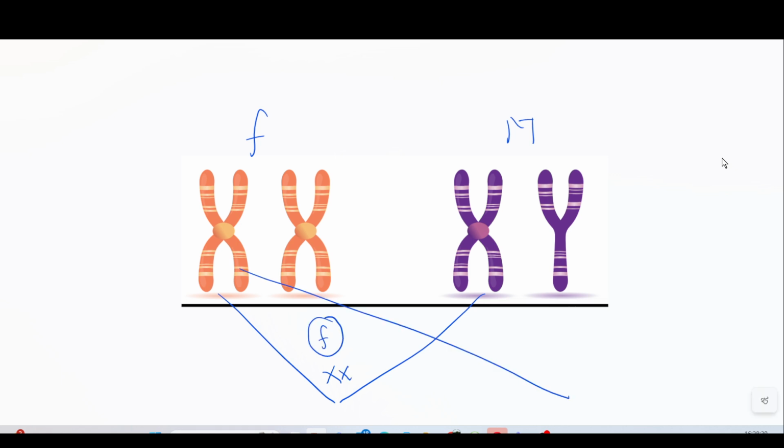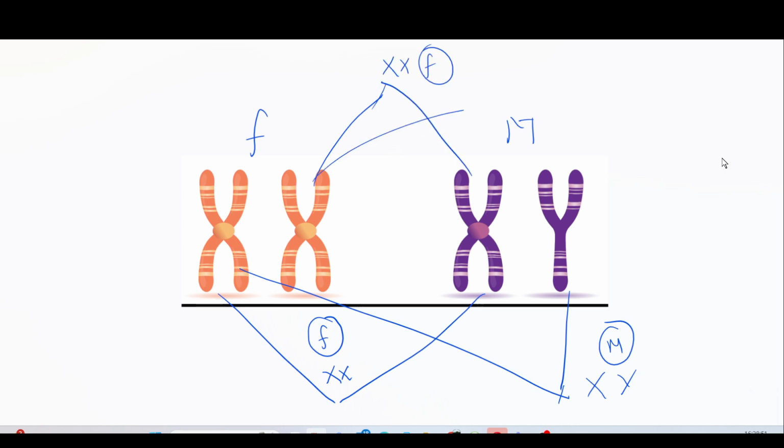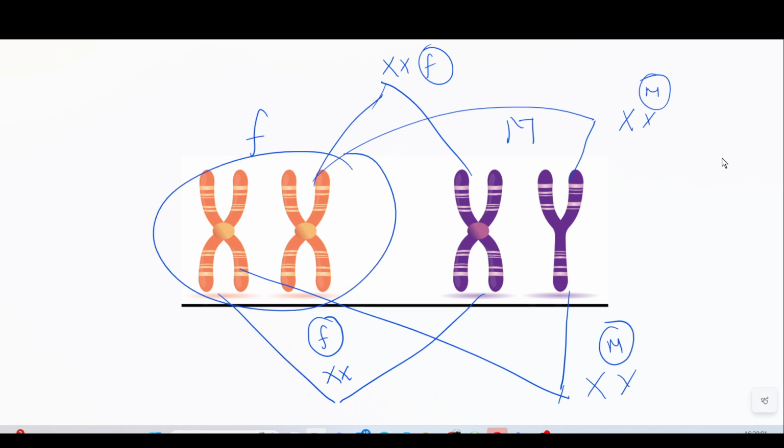X and Y, XY means there would be a male. That's how the birth of the child is determined. XX is again female, and XY means again male. So the gender depends on the father, because the female has the same chromosome.